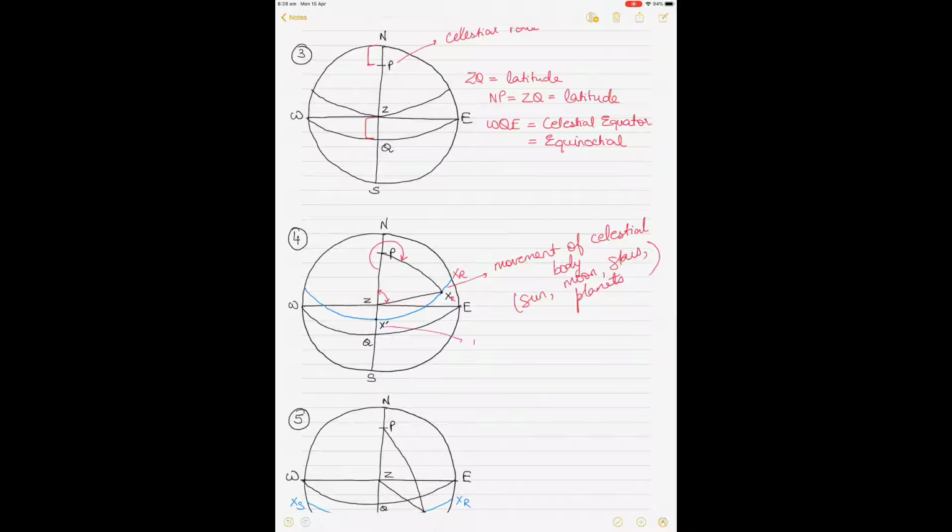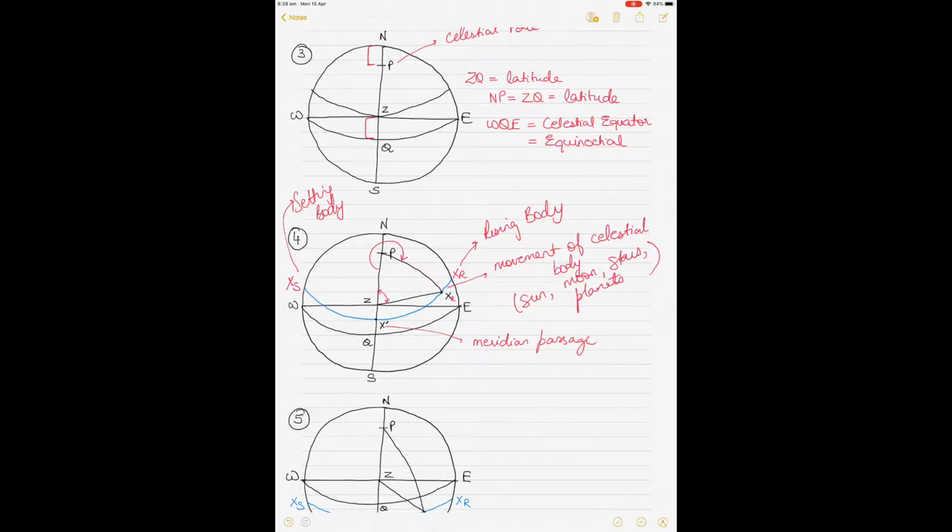Over here it reaches its meridian passage, when its meridian coincides with the observer's meridian, and somewhere over here, let's mark it as XS, and the celestial body is denoted by X. Alright, so this here is the rising body, and here is the setting body. So this is the journey of the celestial body in the celestial sphere, from the point it rises in the east to where it sets in the west.